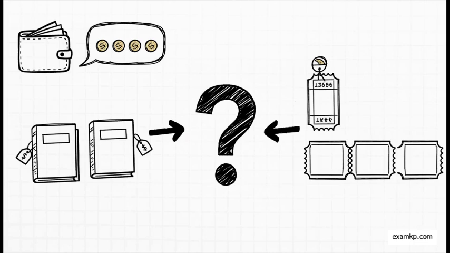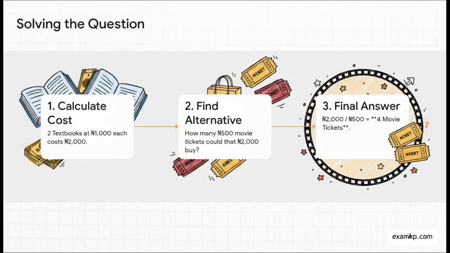Okay, let's look at a calculation-based question, this time from NECO in 2018. This is a great one because it applies that idea of opportunity cost we just talked about to a real-world scenario with numbers. Let's see how you do. All right, let's walk through this step by step. First, how much money did the student spend? Well, 2 textbooks at 1,000 naira each means 2,000 naira was spent.